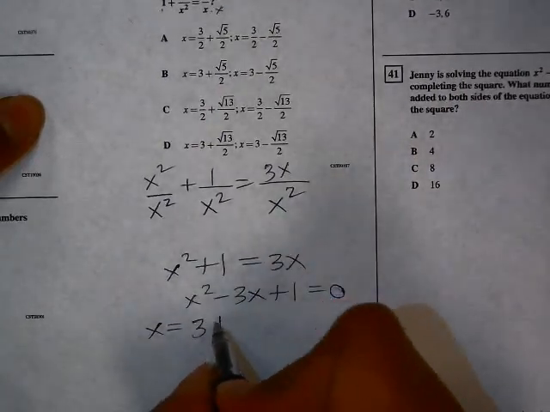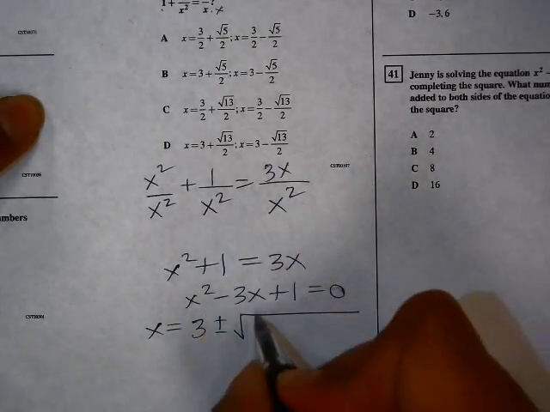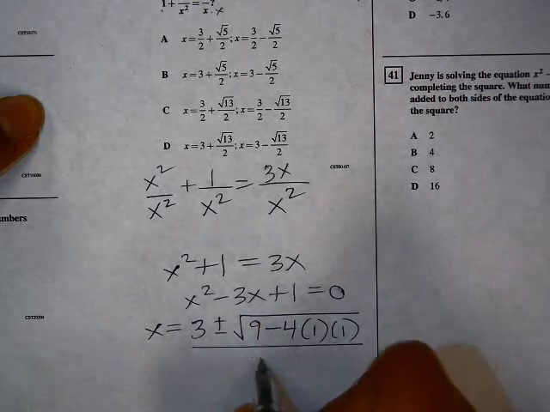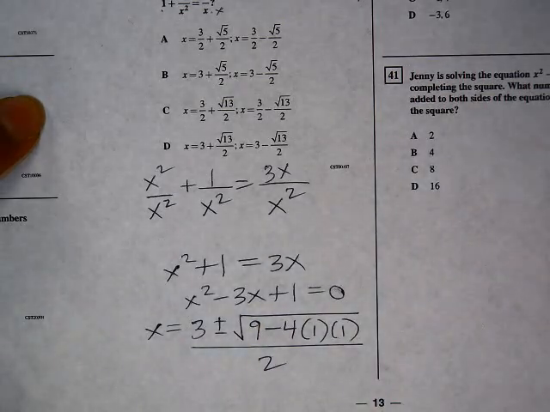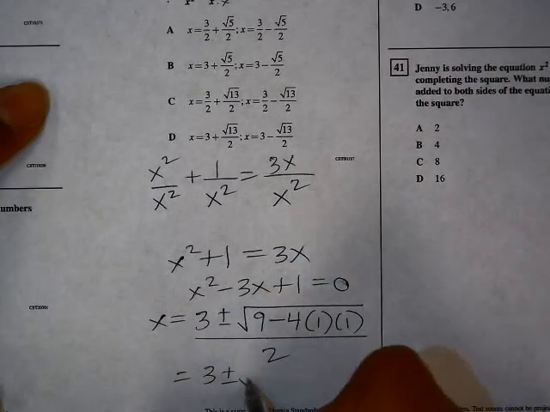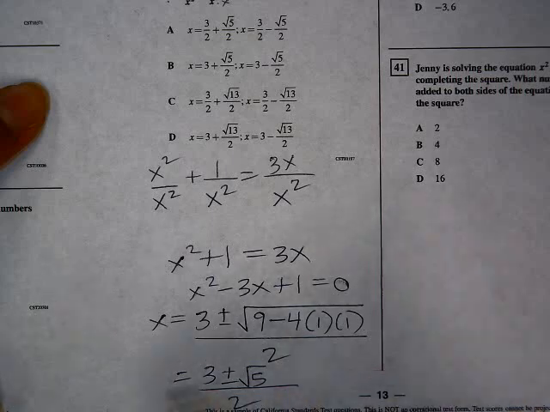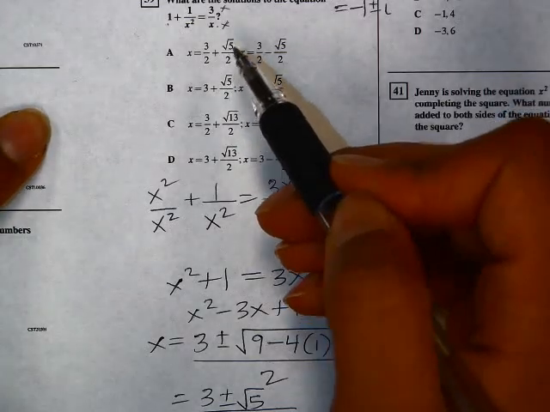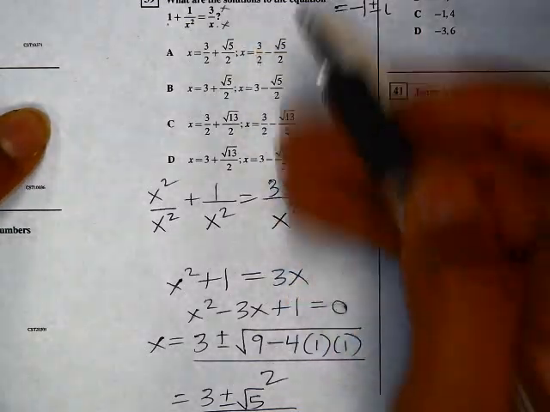So negative b plus or minus the square root of b squared, which is 9, minus 4ac, over 2a. So simplifying that, 3 plus or minus, 9 minus 4 is 5. So 3 plus or minus the square root of 5, all divided by 2. So this would be answer A.